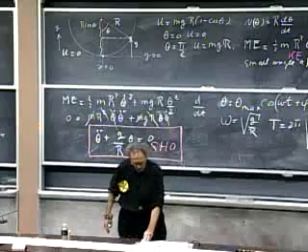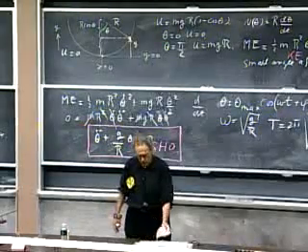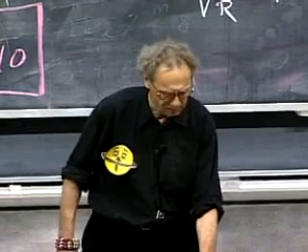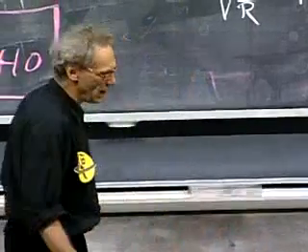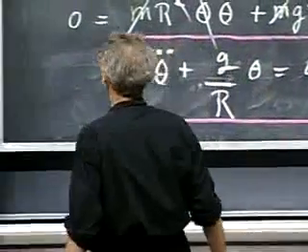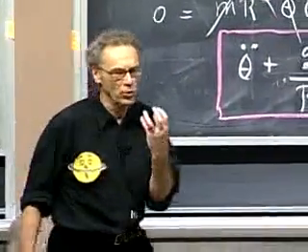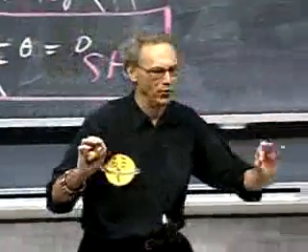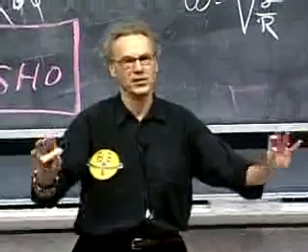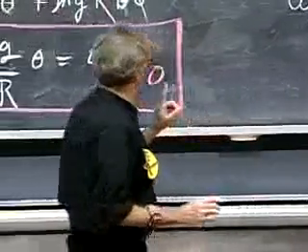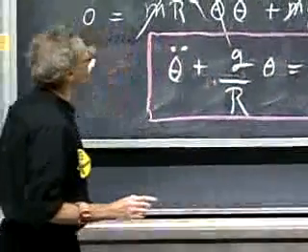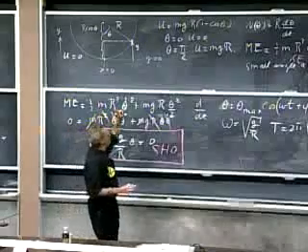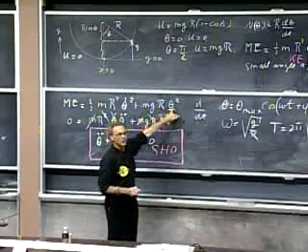We used the small angle approximation to make it work. In the case of the spring, we had that the potential energy was proportional to x squared. And out came a perfect simple harmonic oscillation. No approximation necessary. Now we forced this potential energy into being dependent on theta squared.